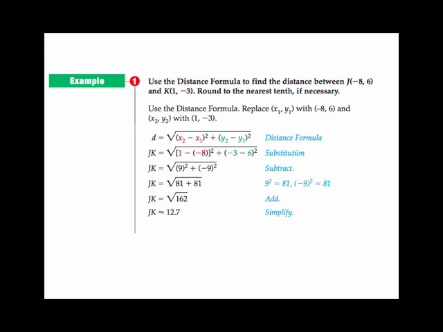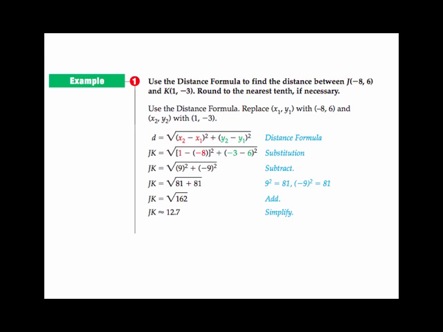Here what we're going to do is replace the x1, y1 in our formula with the value (-8, 6). We're going to replace x2, y2 in our formula with the value (1, -3). We are able to do that because of our substitution rule. If those are equivalent values, we're able to substitute them.